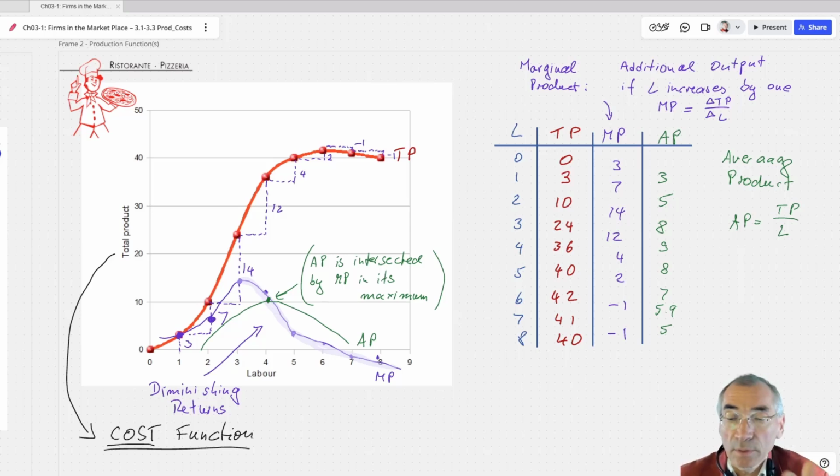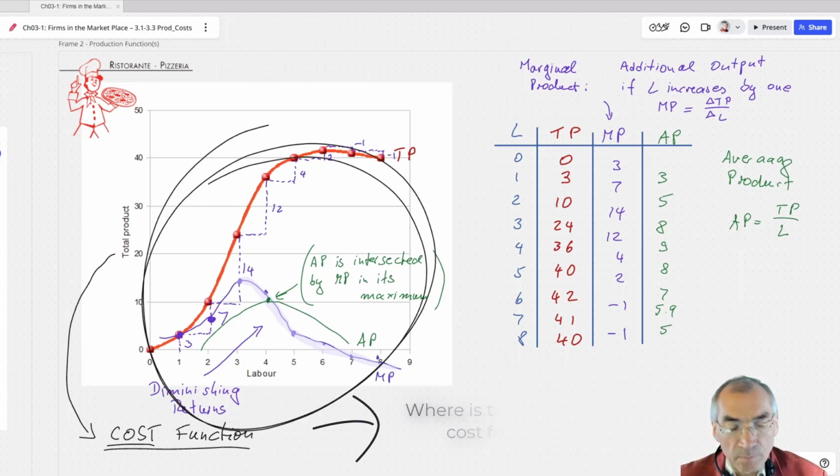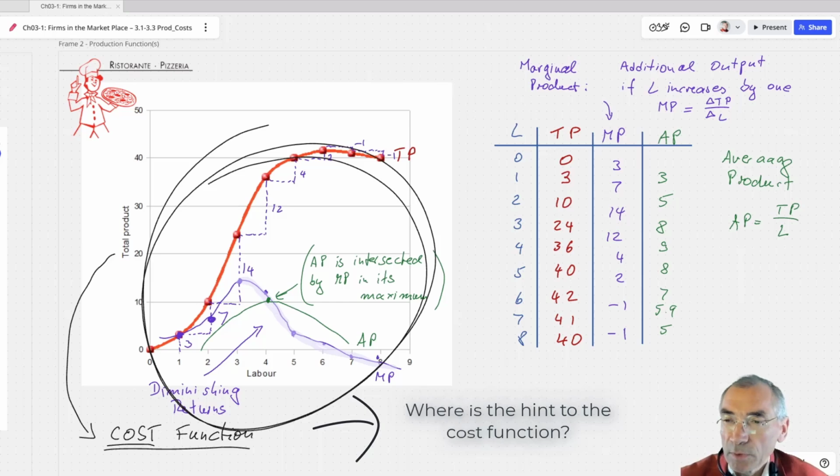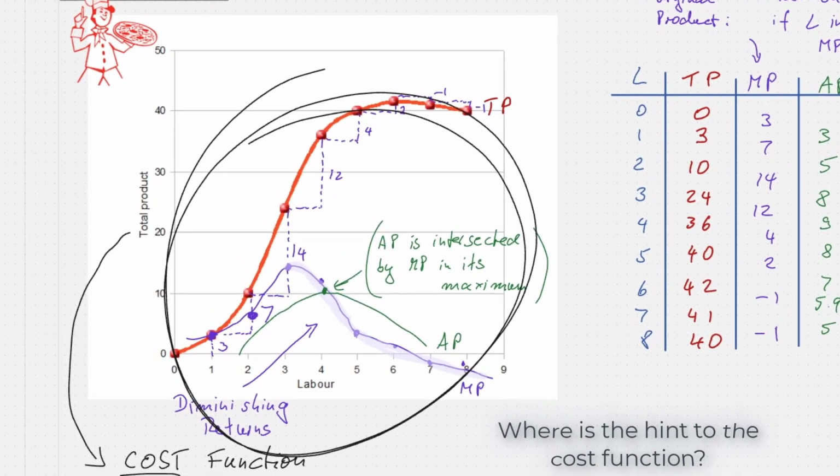In pounds, in euros, in dollars, whatever. Here is a moment where you could pause your video for 10 seconds, 20 seconds, whatever, and think about it. Where in this graph we have been talking about is the hint to a cost function? Where could we say, okay, this refers to a monetary equivalent?